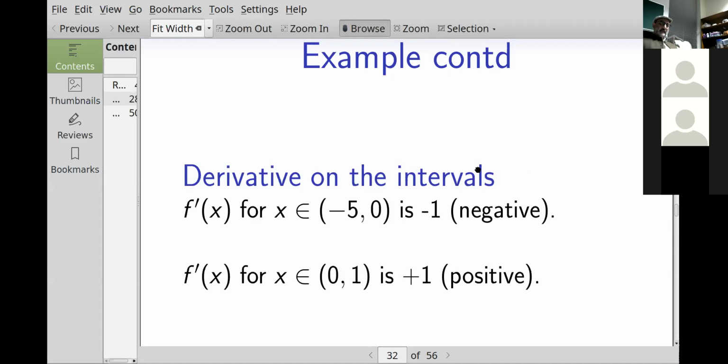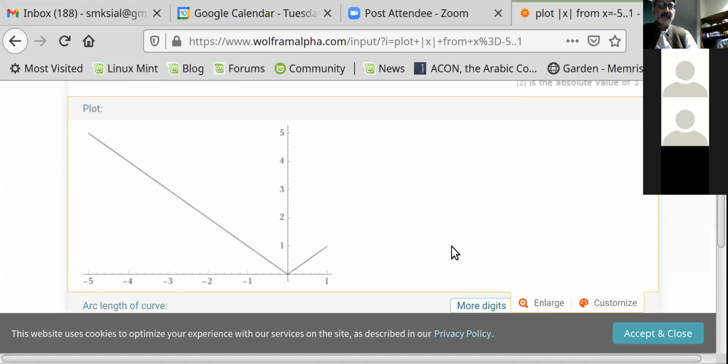All right, just a second. Let me pull up the graph. Okay, so hopefully you can see the graph.